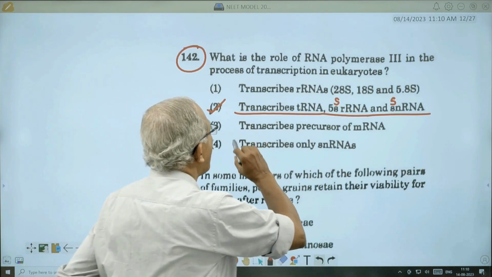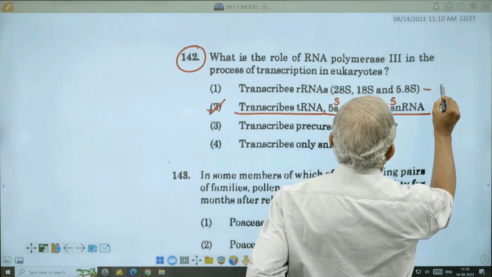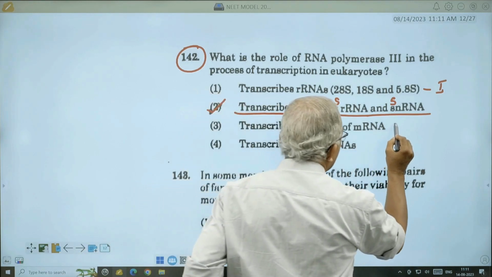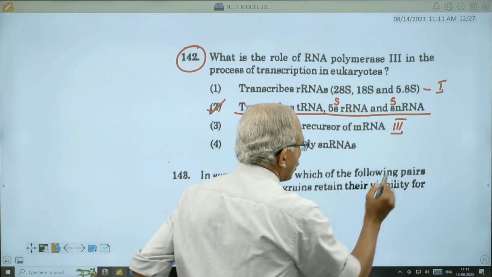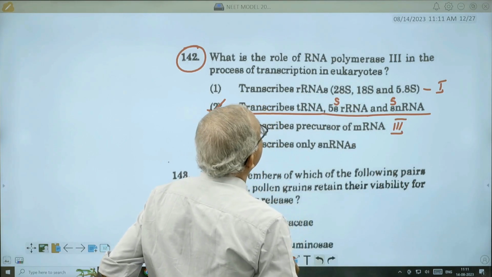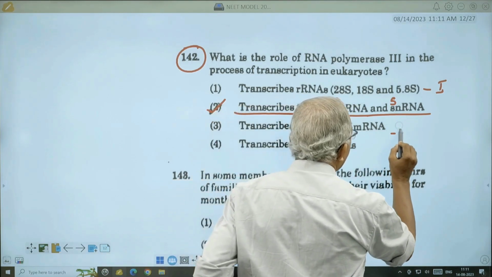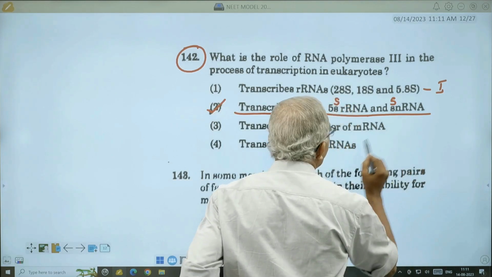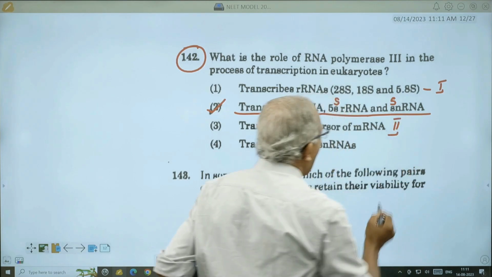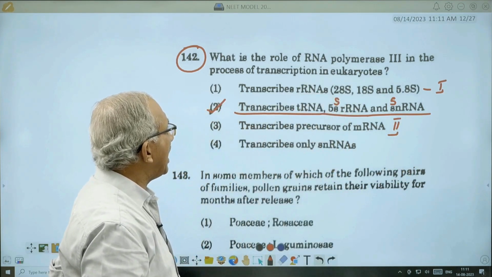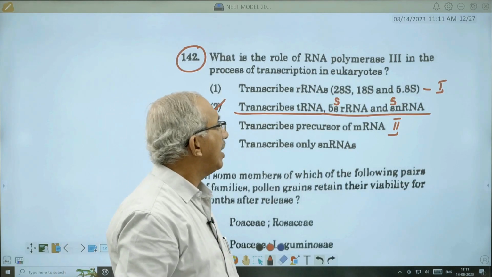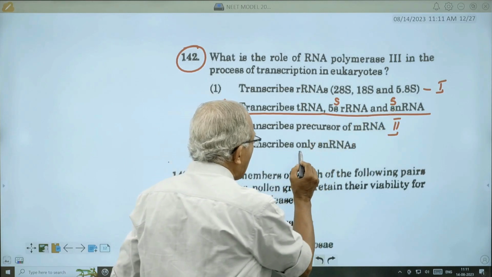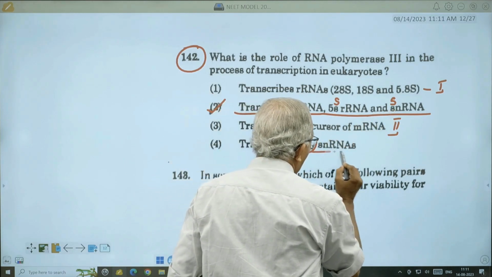RNA polymerase 1 is the first one. Then mRNA is transcribed by RNA polymerase 2. Regarding snRNA, it is not only snRNA that polymerase 3 transcribes, and that is why we dropped that option.